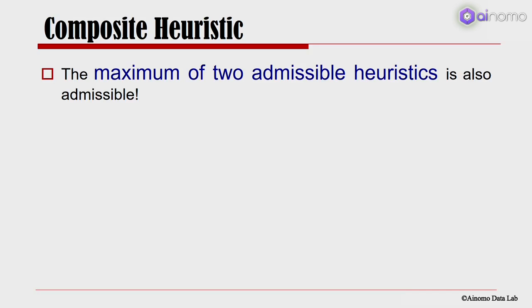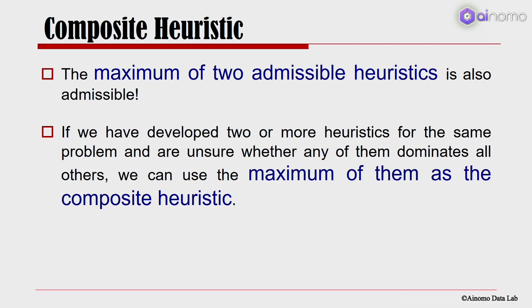We have, let us say, a couple of heuristics. We do not know which heuristic dominates which other. Then the maximum of 2 admissible heuristics is also admissible. Going by that, if we develop 2 or more heuristics for the same problem and we are unsure whether any of them dominates all others, we can use the maximum of them as the composite heuristic.